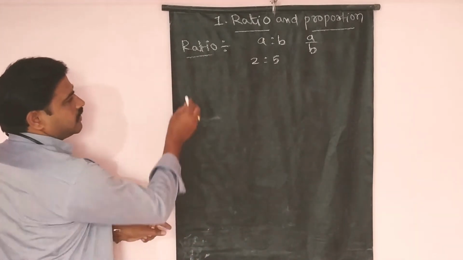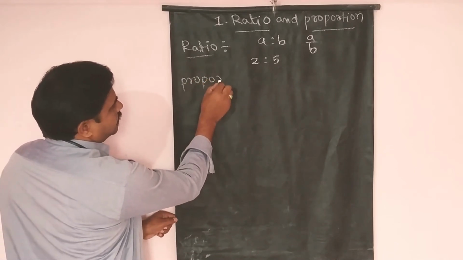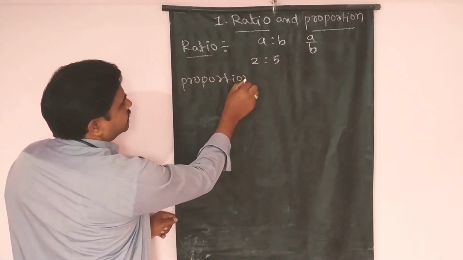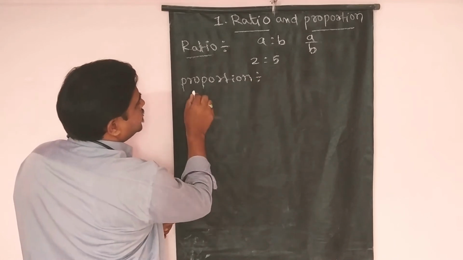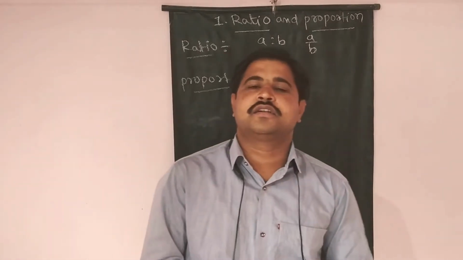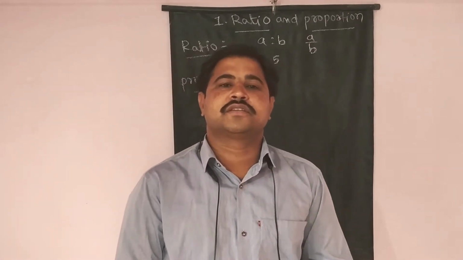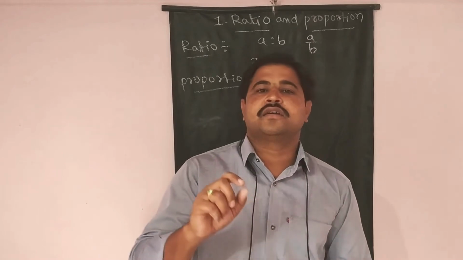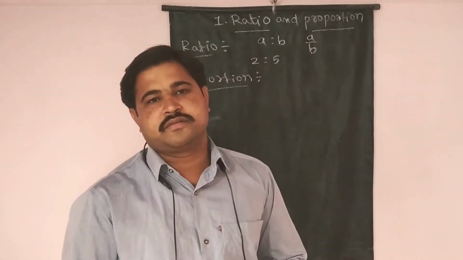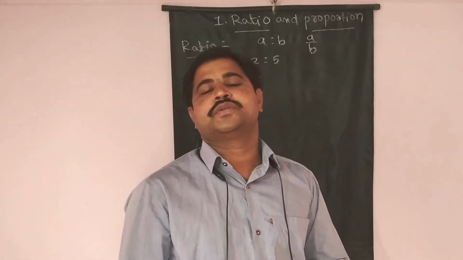And next we have the proportion. Proportion means comparison of 4 quantities, or we can define it like this: the proportion is an expression which states that two ratios are equal.